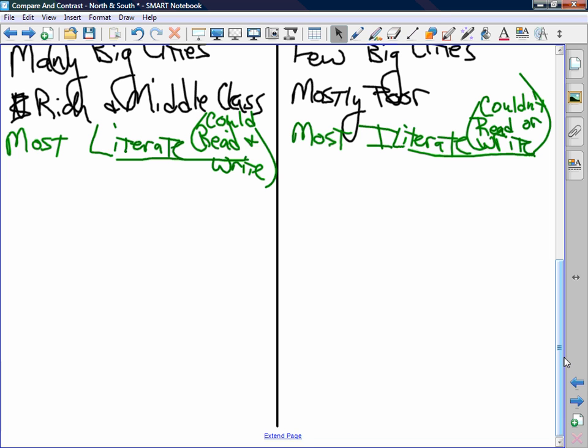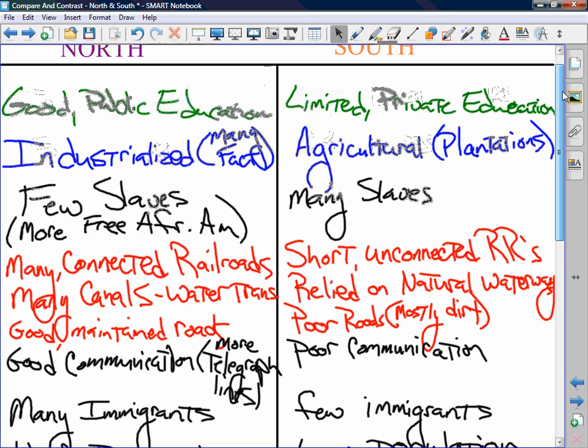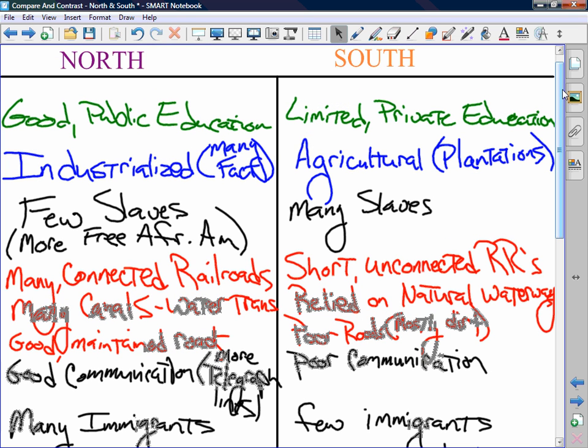When it comes time for the Civil War, where it's North versus the South, which side should win based on this information? Raise your hand if you have some idea. Which side should win based on that information? Yes. Why? Okay, you say the North because they're smarter. Any other ideas? The North because they have more people.